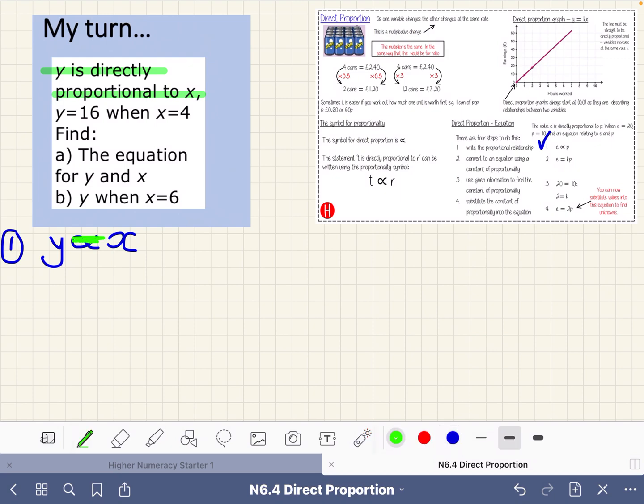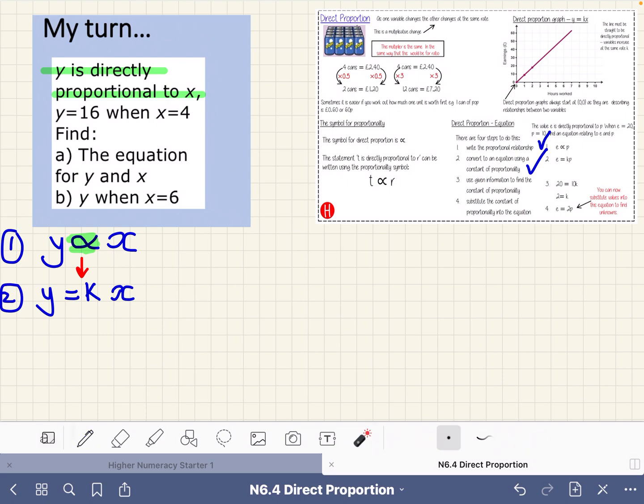So this changes to equals k, where y remains as it is and x remains as it is. Step 2 is complete.